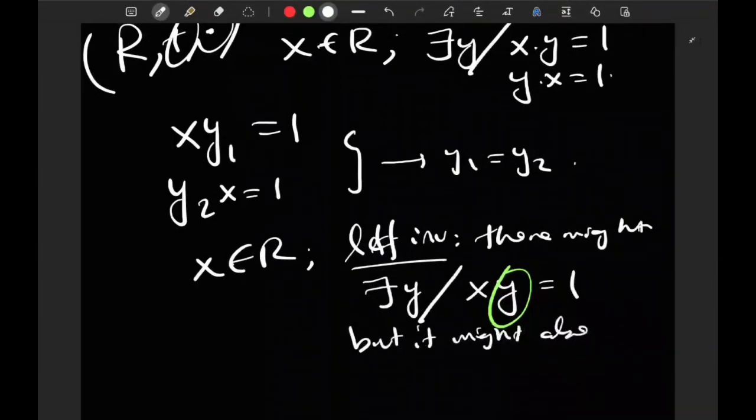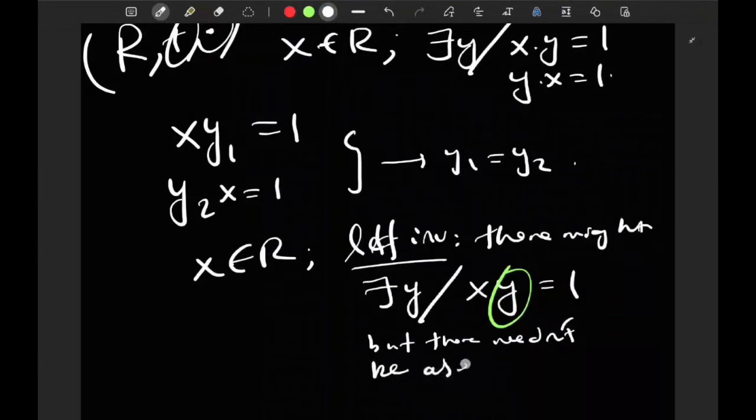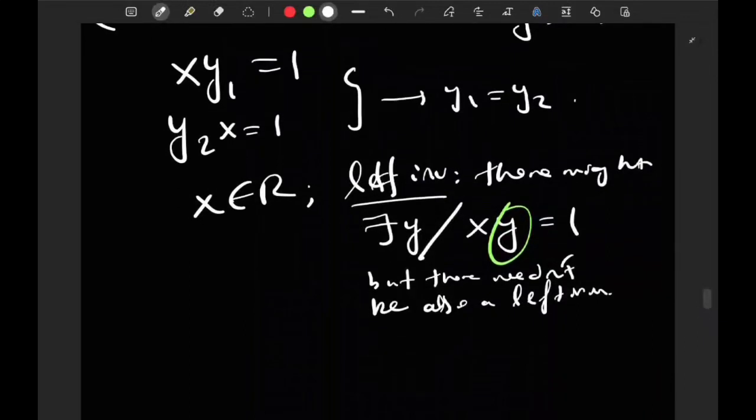There might be a right inverse, but there needn't also be a left inverse. So it might be that there exists no z such that z dot x is equal to 1. That's where the concept of right and left inverse is coming from.